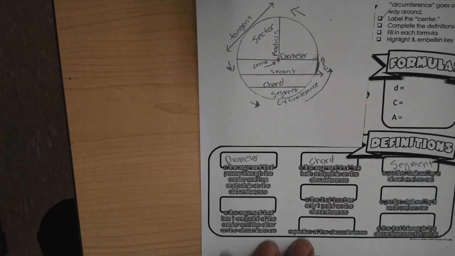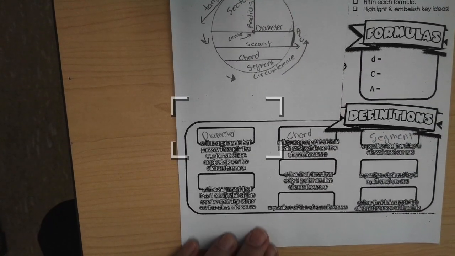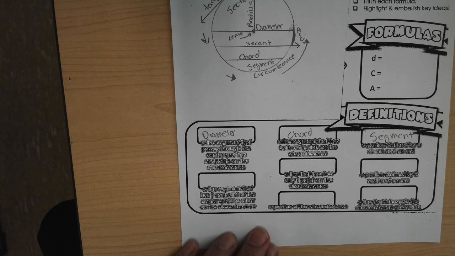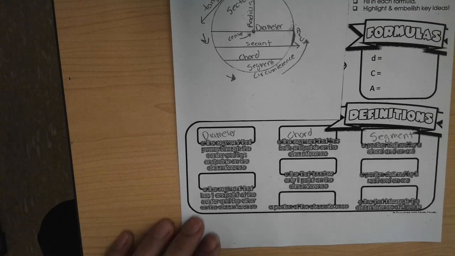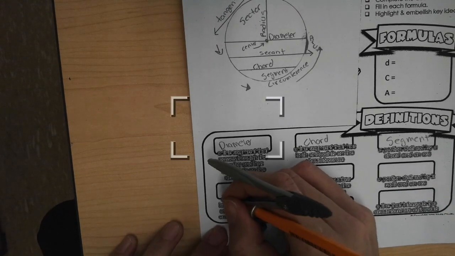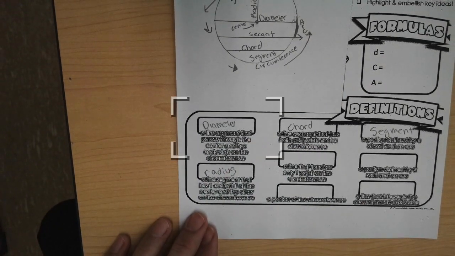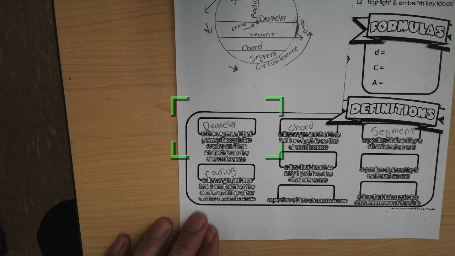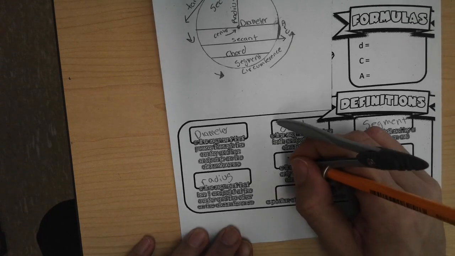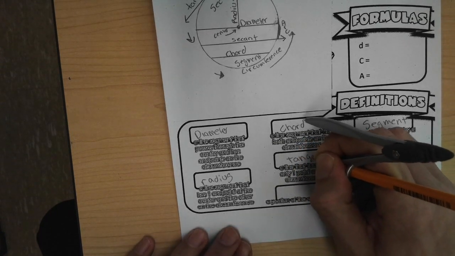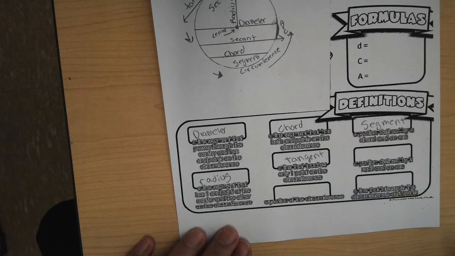Remember how we went over that earlier? A line segment that has one endpoint at the center and the other on the circumference, center to rim, is called the radius. A line that touches only one point on the circumference is called a tangent.